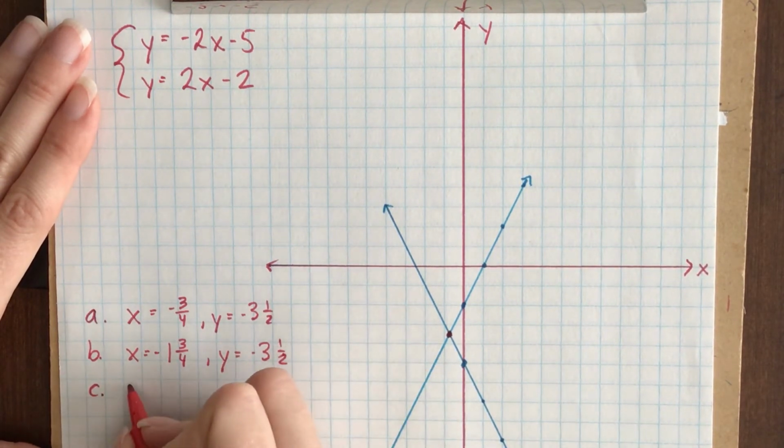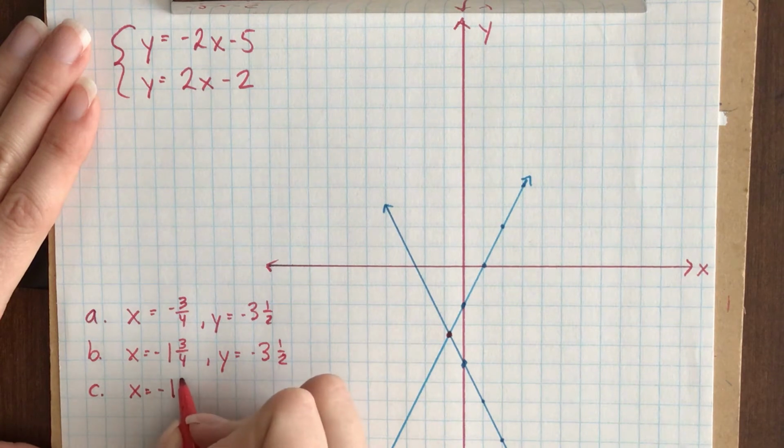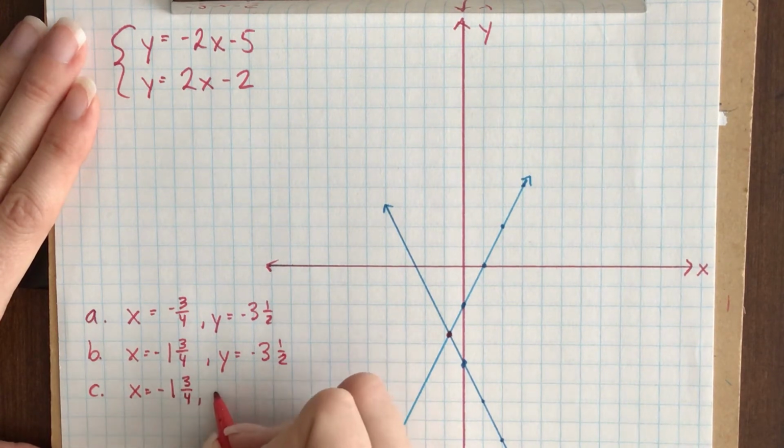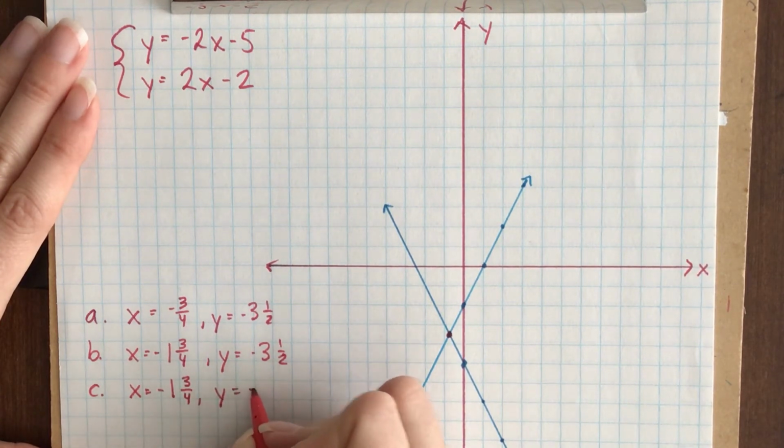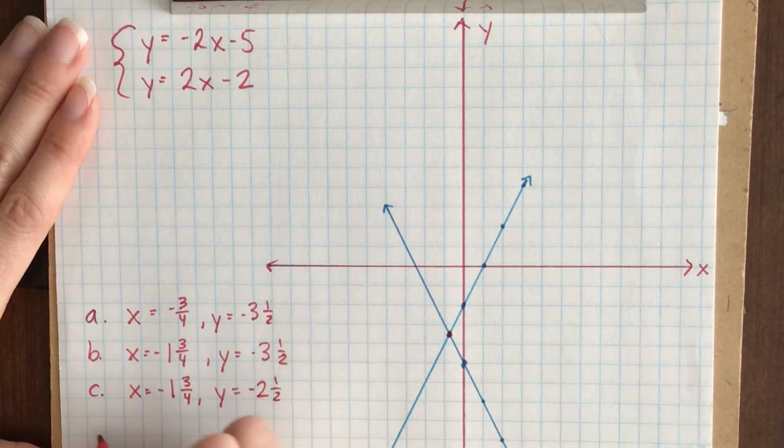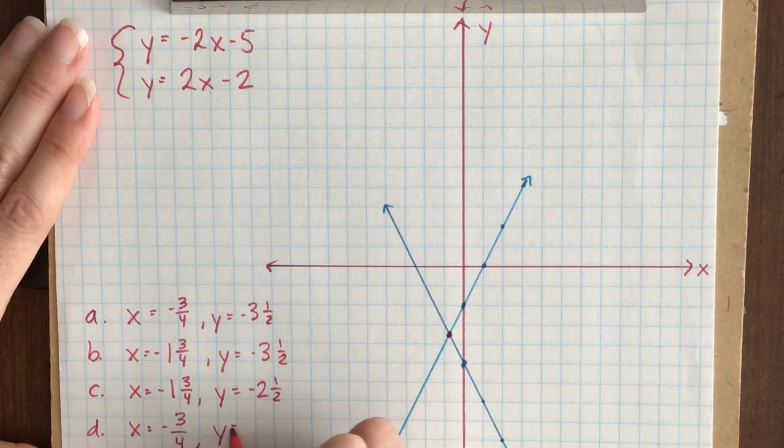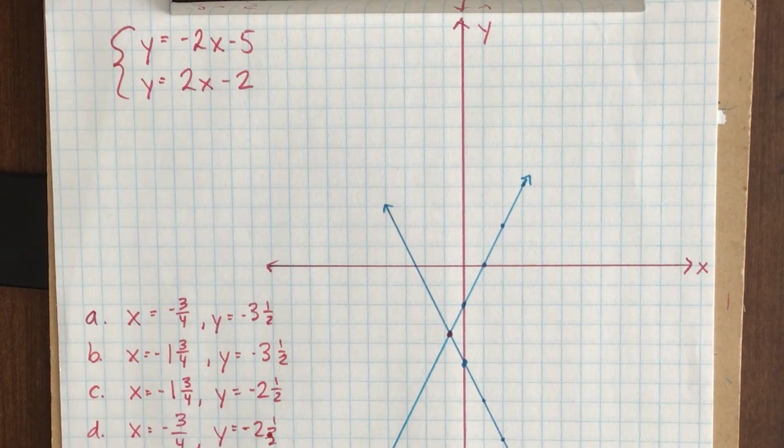C was x is equal to -1 3/4, y is equal to -2.5, and then D was x is equal to -3/4, and y is equal to -2.5. Okay, that's messy, but let's take a look.